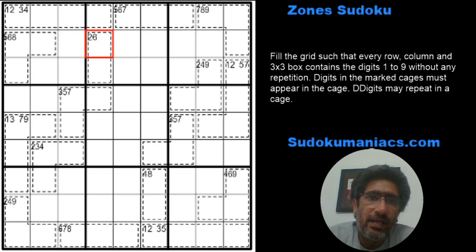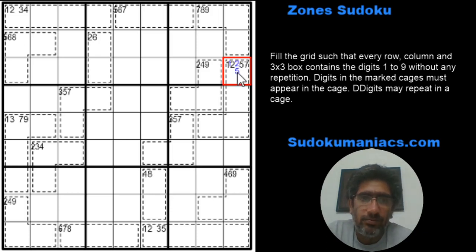Though the difference being, when you have an L-shaped figure like what we see here, I have the option 1, 2, 5, and 7. Now if it were a normal pencil mark, if I had the option 1, 2, 5, 7 here and I had 1, 2, 5, 7, there is a probability that the digit may repeat here. I can have a 1 in both the cells. However, the difference here is that if I have a 1 here, obviously 2, 5, and 7 have to occur in the remaining cells.